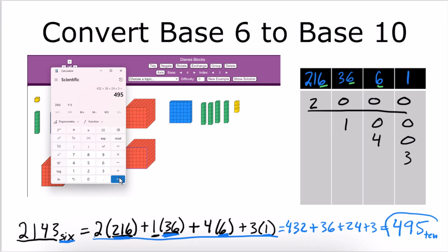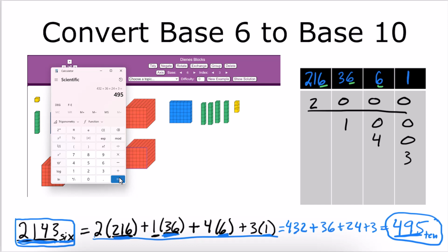But this number in our typical numeration system, base 10, is equivalent to this number in base 6. And I should actually be saying numeral. This numeral, or these symbols in base 10, represent the same number or the same amount as this numeral in base 6.